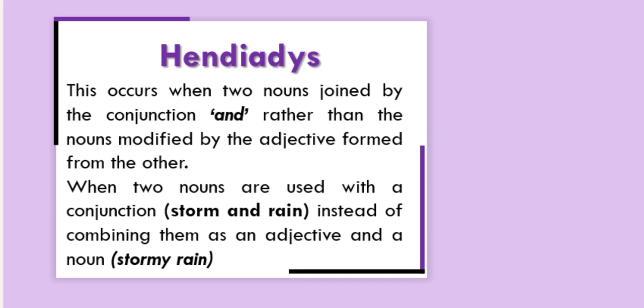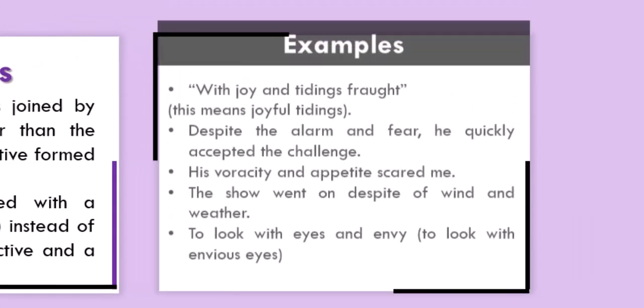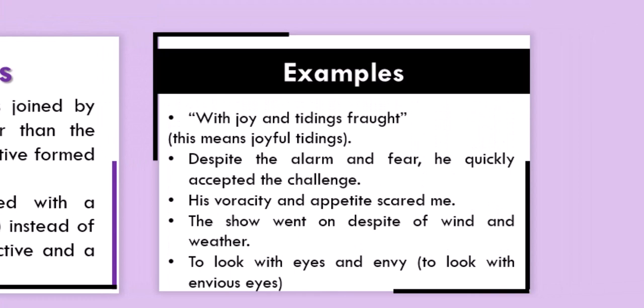Examples: with joy and tidings. This means joyful tidings. Despite the alarm and fear, he quickly accepted the challenge. It should have been something like an alarming fear. His voracity and appetite scared me, more or less like his voracious appetite.